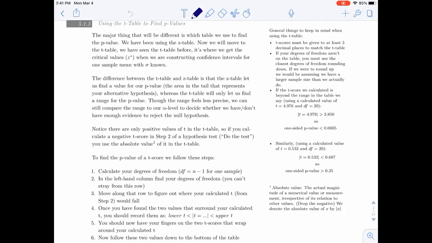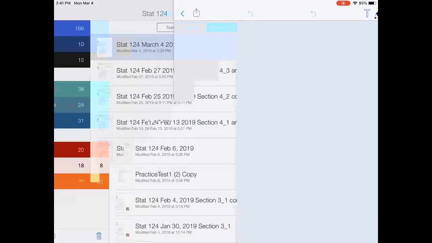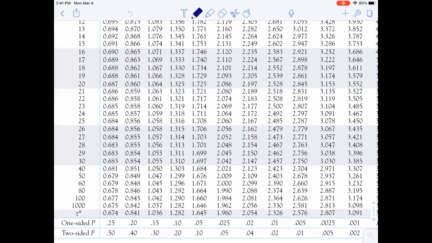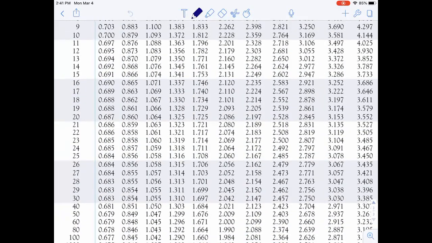Oh, the one thing I forgot was that for our t's, we have to have 3 decimal places for our t that we calculated. So we have to have at least 3 decimal places, which is different from z. For z, we had to have exactly 2 decimal places because that's what our table was using.